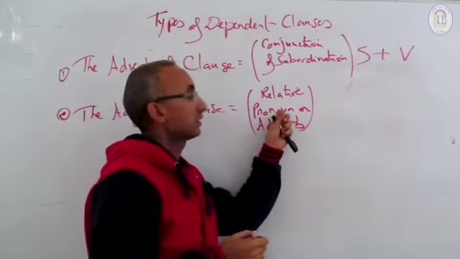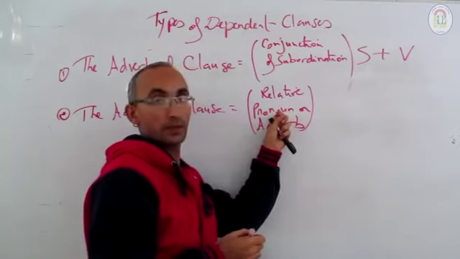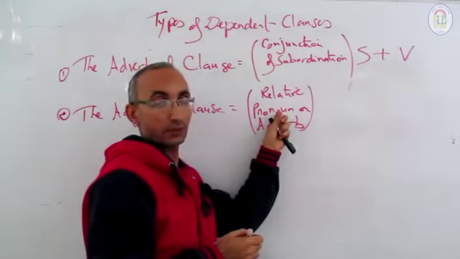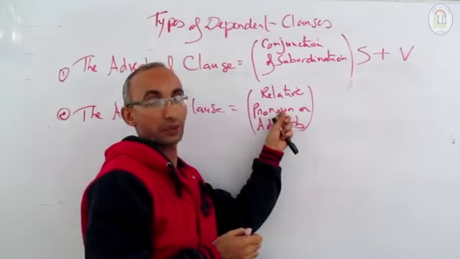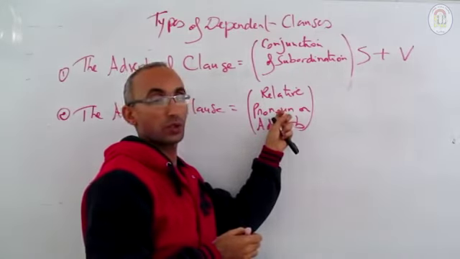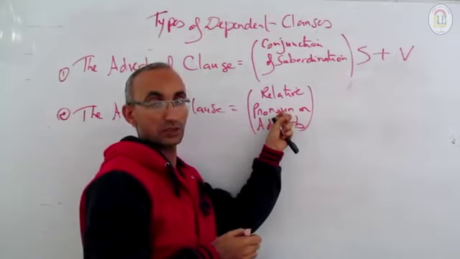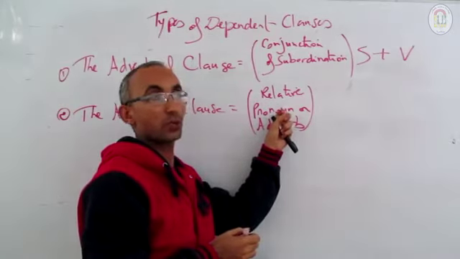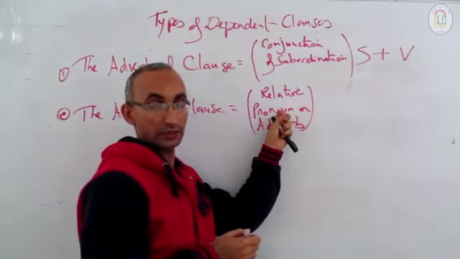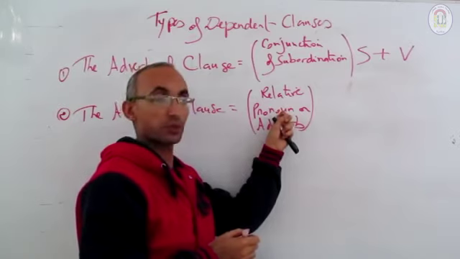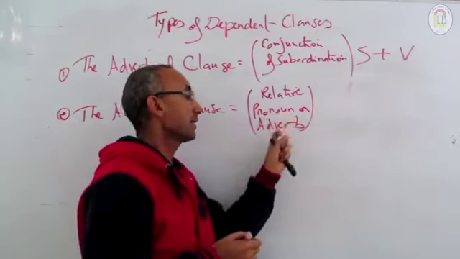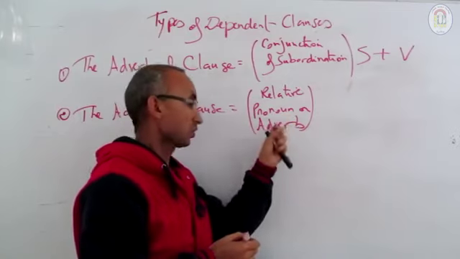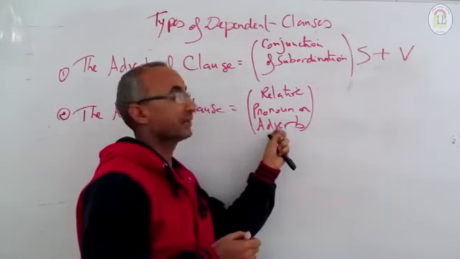Pronoun like what? Like who, subject, for persons. Whom, object, for persons. Whose, for people's possessions. Also which, for things. And that, for both persons or things. Clear? Persons or things. And of adverbs we have usually when and where.